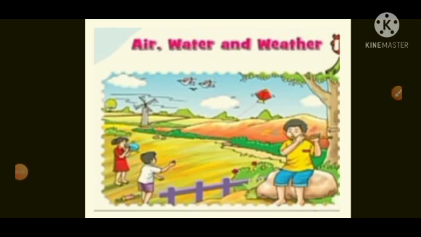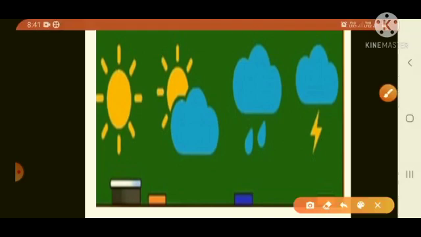Children, when you talk about the weather, you are actually talking about how hot or cold the air is, how dry or damp the air is, what causes all these weather changes. The sun causes all the weather changes.